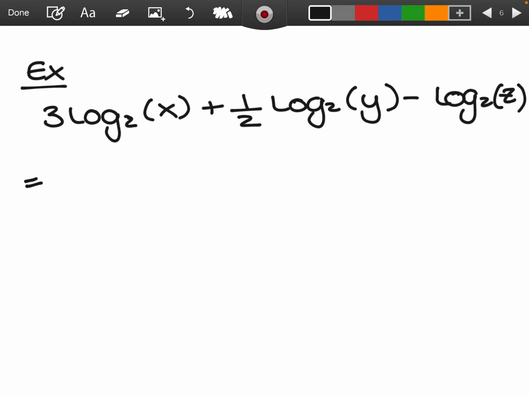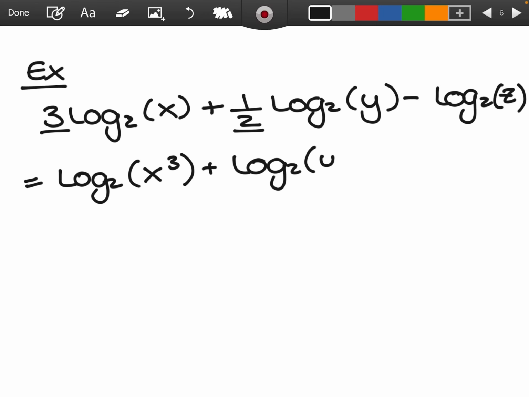So going backwards on what we just did, I'm going to make each of the coefficients in front of my log terms a power of the argument. So I'm going to have log base 2 of x to the 3 plus log base 2 of y to the 1/2. Remember, y to the 1/2 is just the square root of y, so you can also write it like that. I will do that in my next step.